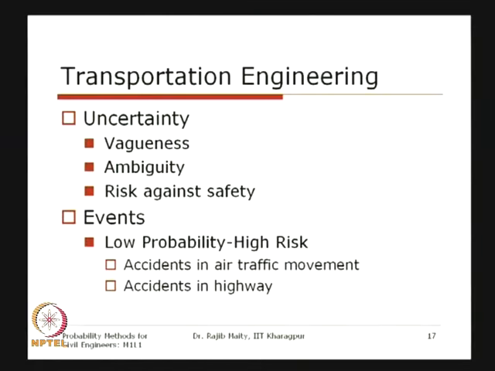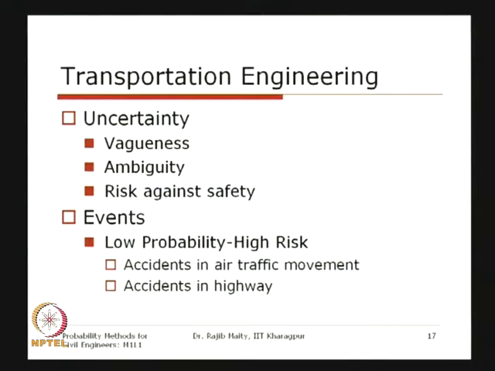Coming to transportation engineering, the general source of uncertainty is the vagueness or ambiguity of the traffic condition for a particular road. The risk against safety is also one of the most important sources of uncertainty for transportation engineering, particularly for the road network, where most transportation has mixed variables, that is, mixed kinds of vehicles.